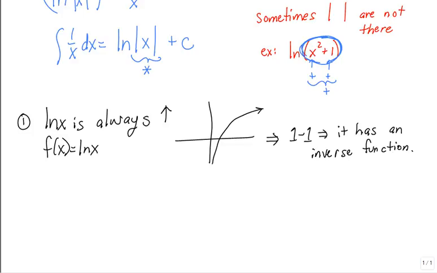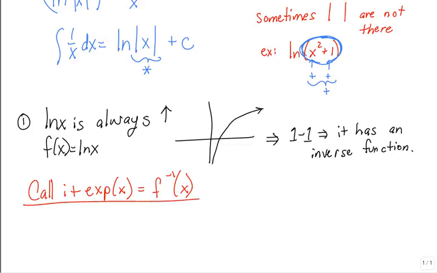So we're going to call the inverse function exp x, and that's going to be f inverse x. Now, the nice thing about this is we can graph this, because if you remember, if we take the graph of f of x and we reflect it across the line y equals x, you get the graph of the inverse.